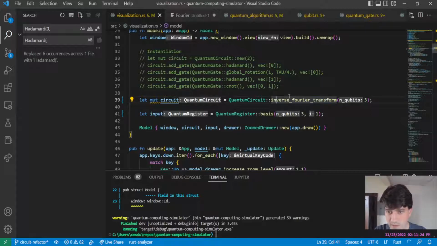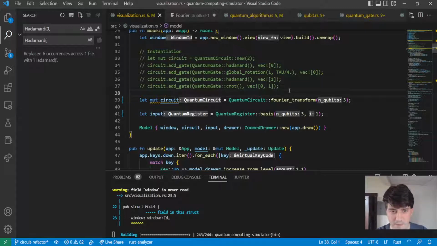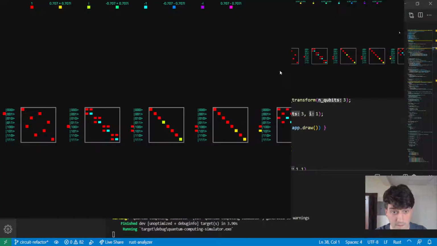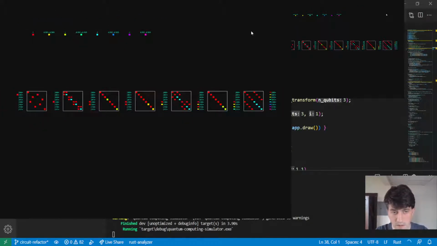Does anybody see where they're not inverses? I know they're not showing on the screen yet, but I'm not the most visual person in the world, so I will put them on the screen in a moment.